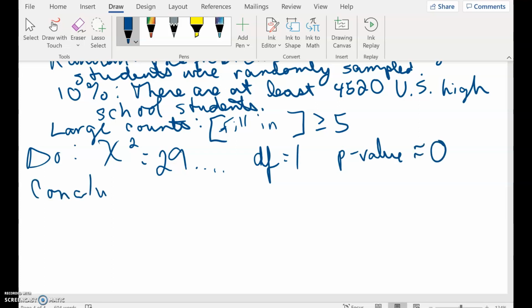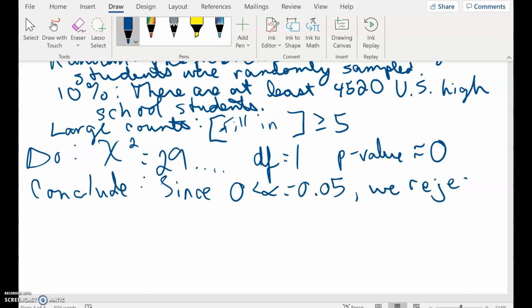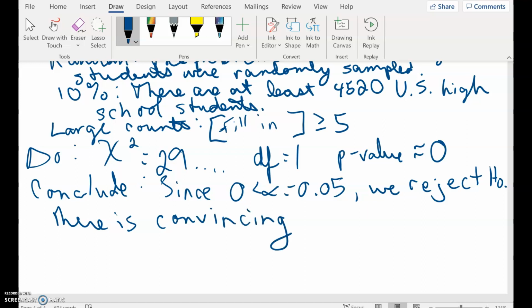So conclude, since 0 is less than alpha equals 0.05, we reject H0. There is convincing evidence of an association between finger length and gender among the high school students who filled out this survey. And that's it.